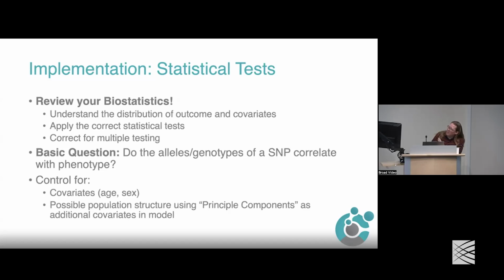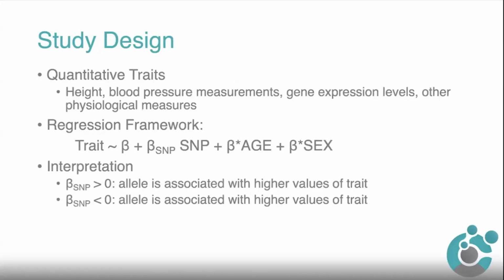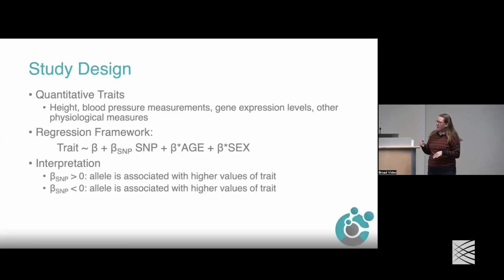So, the basic question, which I'm just repeating here: are the alleles or the genotypes of the SNP correlated with the phenotype? For quantitative traits, some examples are height, blood pressure measurements, gene expression levels, and other physiological measures. Within a cohort, you have these variables available to you.